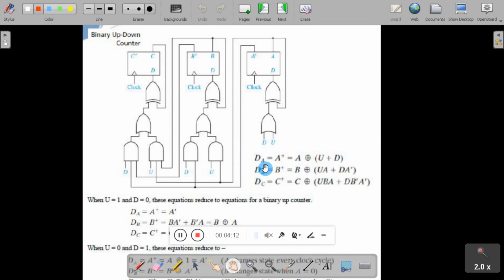DA is nothing but A exclusive OR with U plus D. DB is nothing but B exclusive OR with the UA plus DA bar. DC is nothing but C exclusive OR with UBA plus DBA.